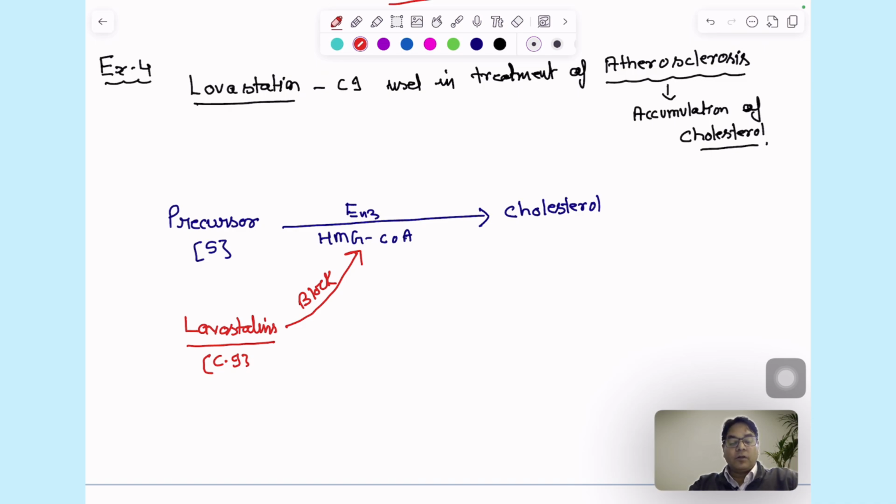So if the enzyme has been blocked by lovastatin, what will be the result? If this enzyme is blocked, then there will be no further formation of cholesterol.